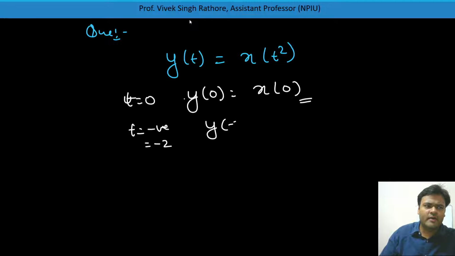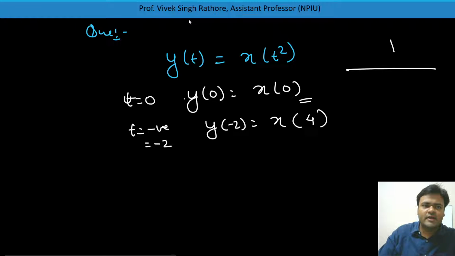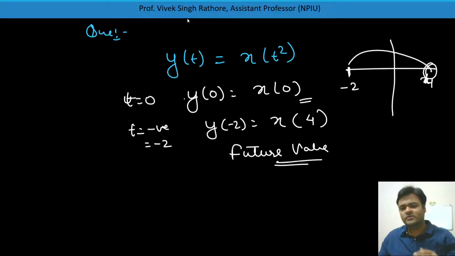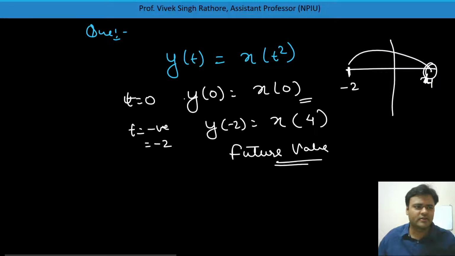So y of minus 2 is equal to x of minus 2 squared, and minus 2 squared is 4. You can see that y of minus 2 is dependent upon x of 4. So ultimately it is dependent upon a future value. So wherever the output is dependent upon future values, there the system will always be non-causal in nature.